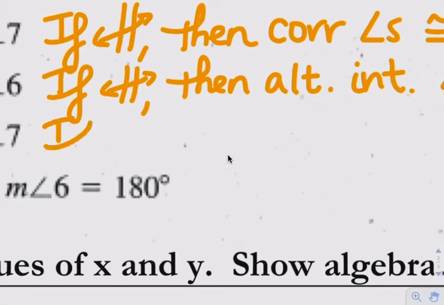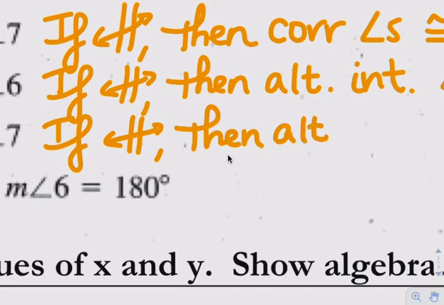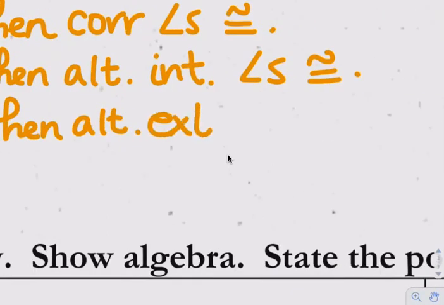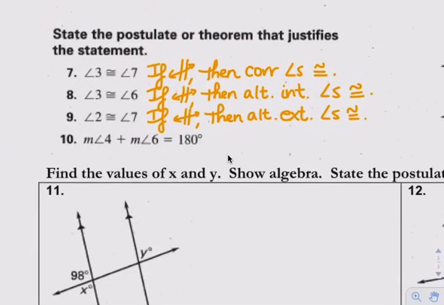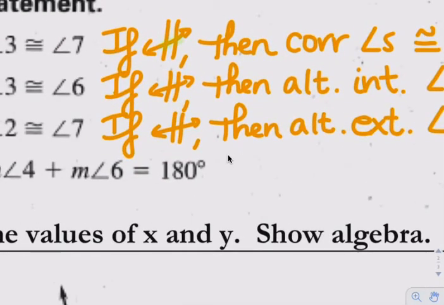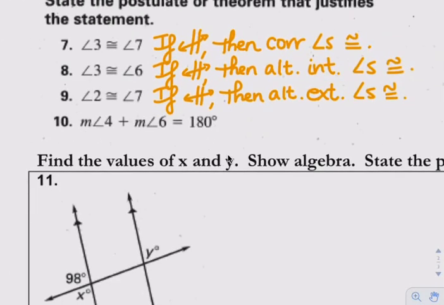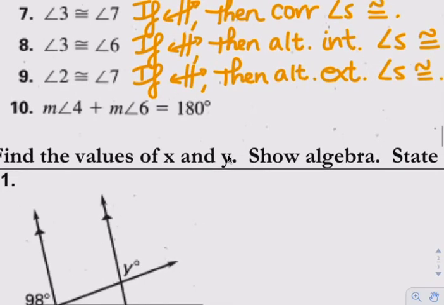So if parallel lines are cut by a transversal, then alternate exterior angles are congruent. When you make that little symbol, you should be saying to yourself, if parallel lines are cut by a transversal, because that's going to force you to think about the fact that you're needing parallel lines in order to make those angles have the relationship that is stated there.